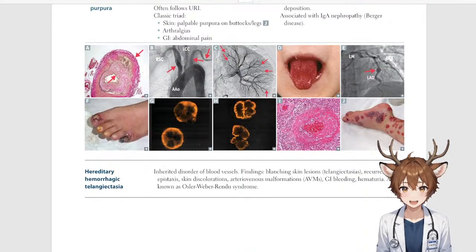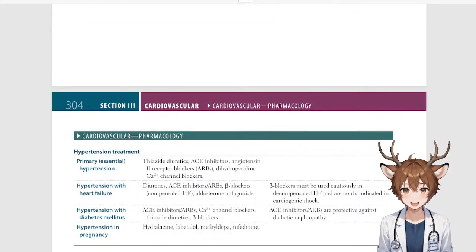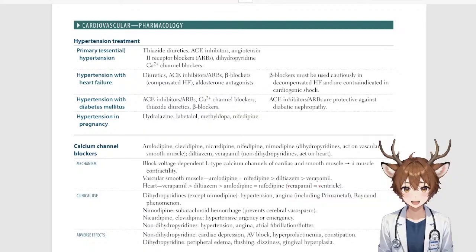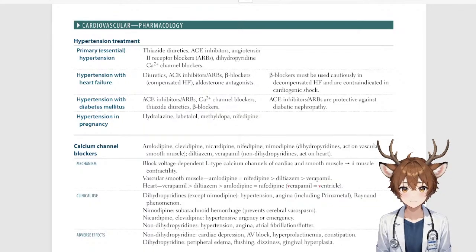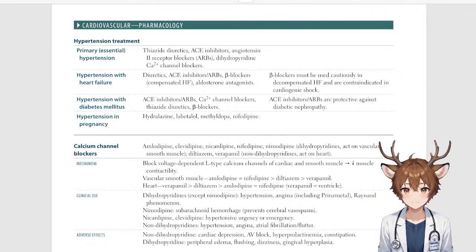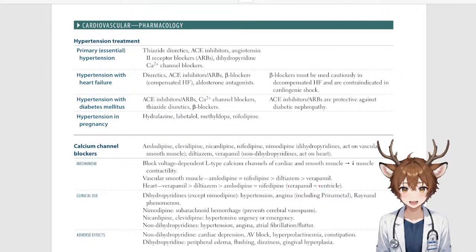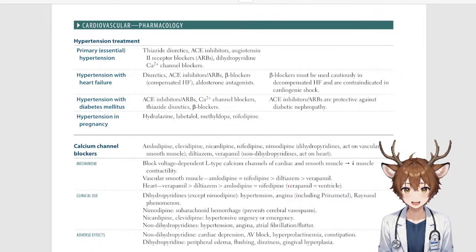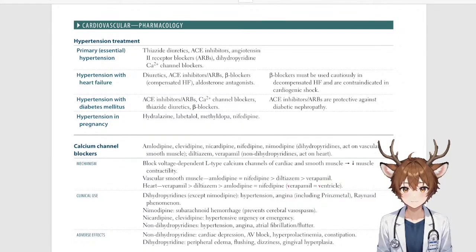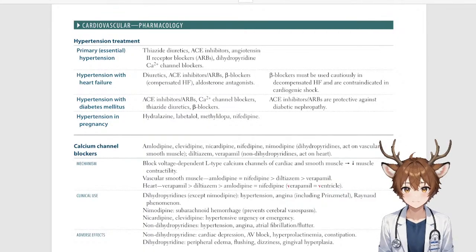Hereditary hemorrhagic telangiectasia, which we were talking about before, Rendu syndrome. So that section is basically cut out as of some point after 2017. That would imply that the authors of this textbook don't think it's as relevant as you might think, and so they removed most of it. Bear that in mind if you want to study that. It might not be as relevant as you might think.